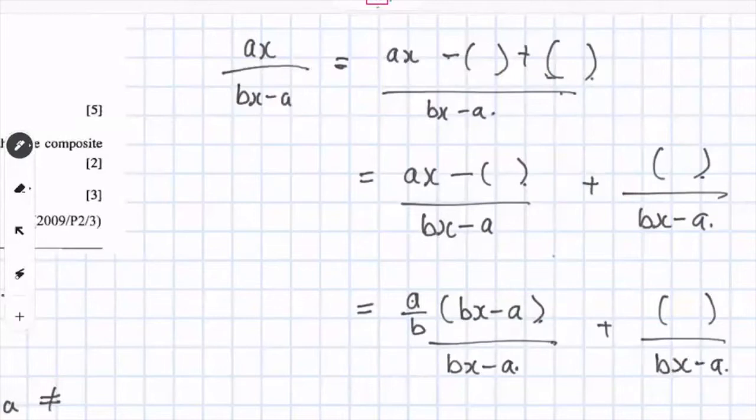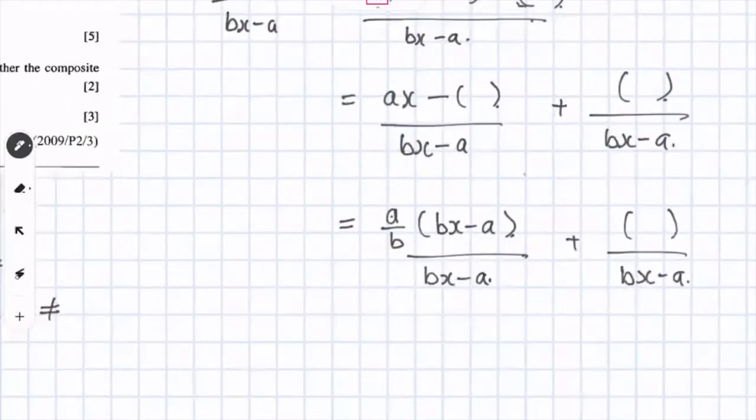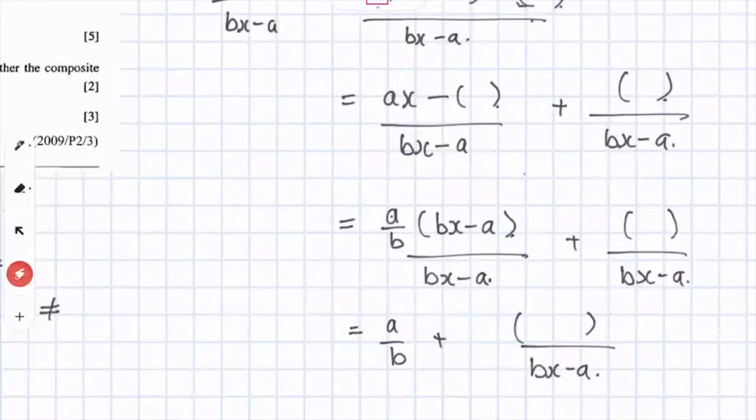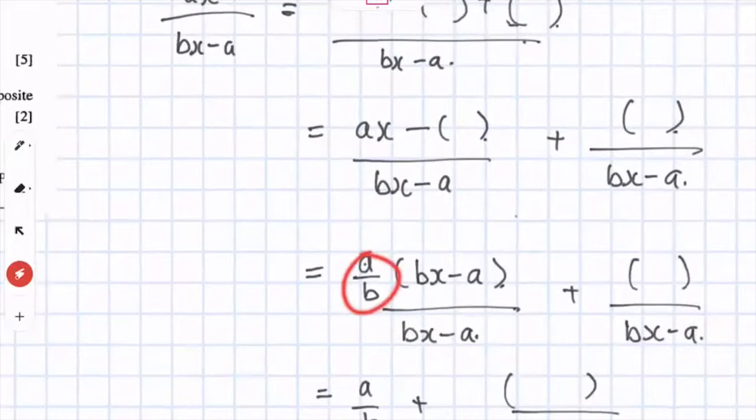Okay, you understand? A over b times b is a, correct?